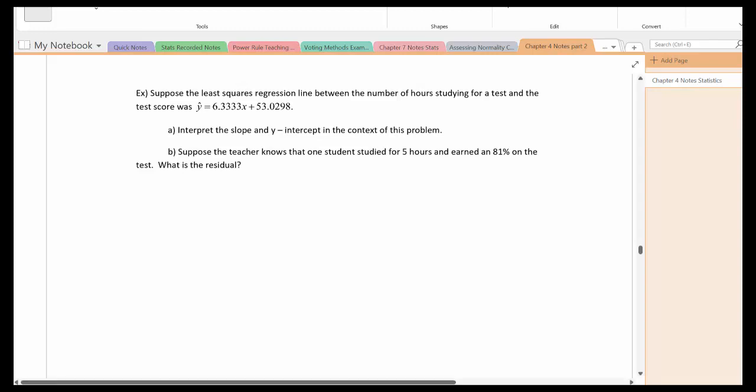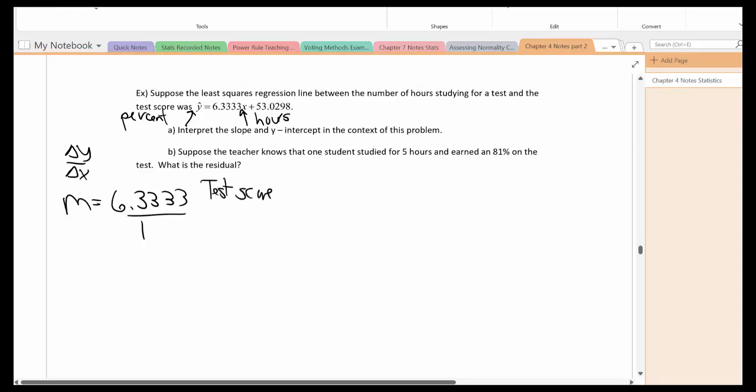So in our case, the x is going to be the hours, and the y will be, let's call this your test score as a percent. So interpreting the slope, well, the slope here is... Okay. So again, remember, this is the change in y over the change in x. Well, the y here is the test score percentage, and the bottom is hours studying.